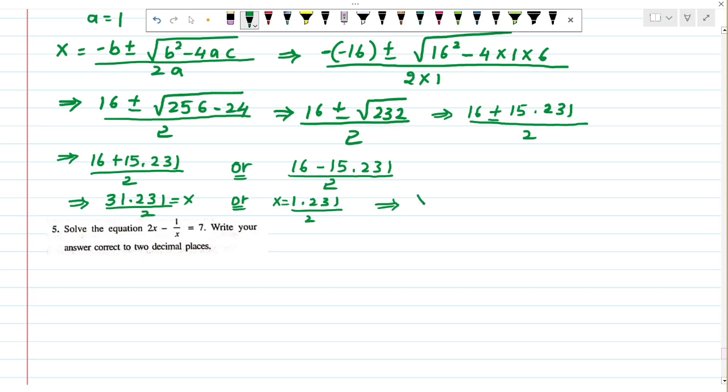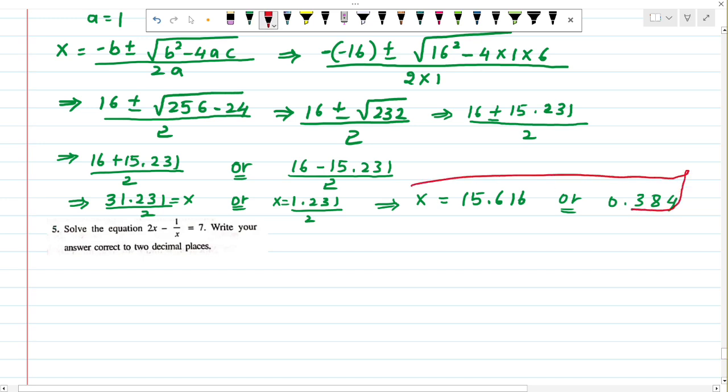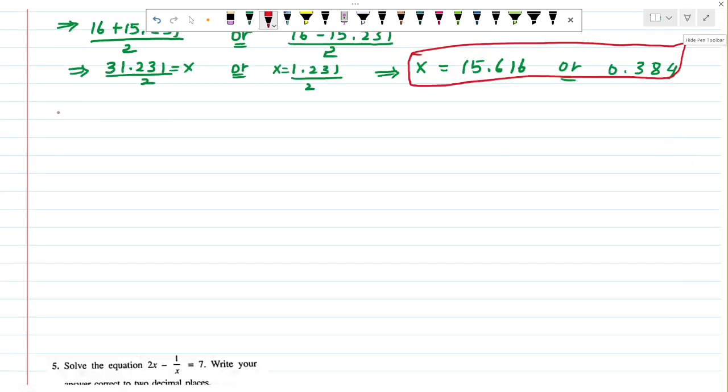So the values of x are, first, this 31.231 divided by 2 becomes 15.616, or this divided by 2, I'll get as 0.384. So these are the two values of x I'll get here. We will move to the third question.